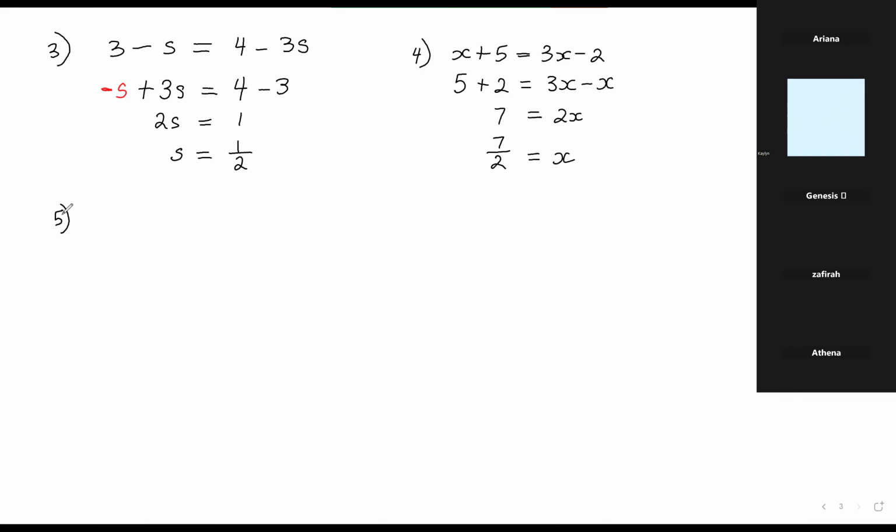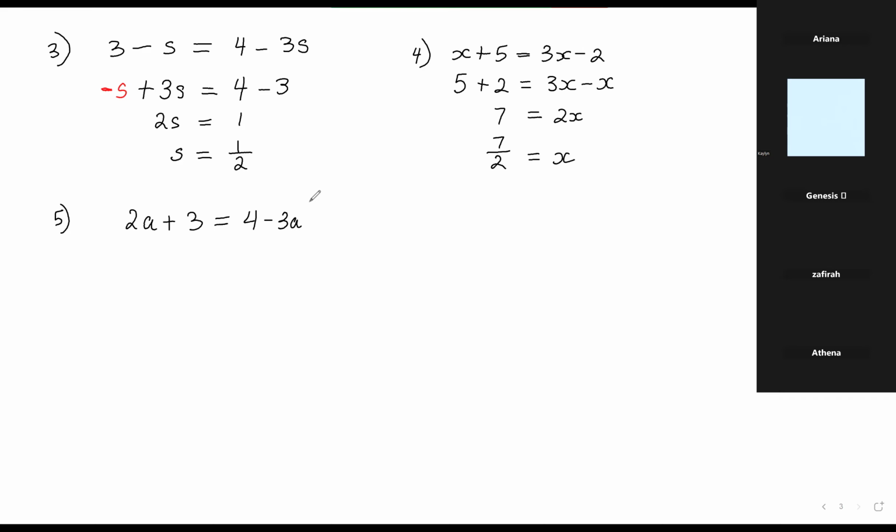Genesis, can you do one with me, please? All right. So we have 2a plus 3 is equal to 4 take away 3a. All right, Jenny. Let's bring our a's to one side of the equation.